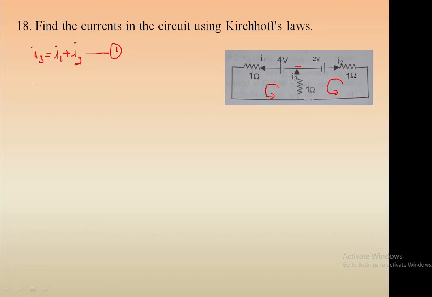Then apply the loop rule at the left loop. We can write 1 into I1 plus 1 into I3 equals the EMF, 4 volt. That is equation number 2.